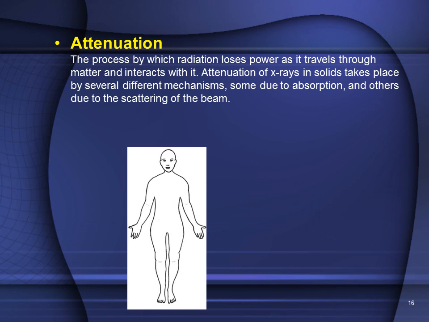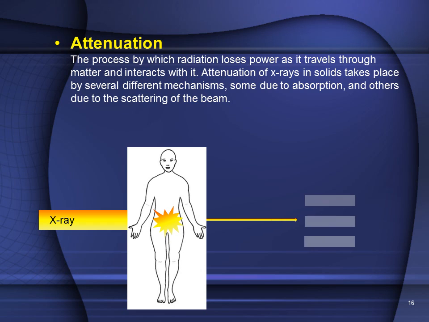And finally, attenuation is the process by which X-ray radiation loses energy or power as it passes through a patient and interacts with the matter of the substance that it is passing through. This produces varying degrees of grays and whites on the film when it is developed or viewed on the monitor by the radiologist.